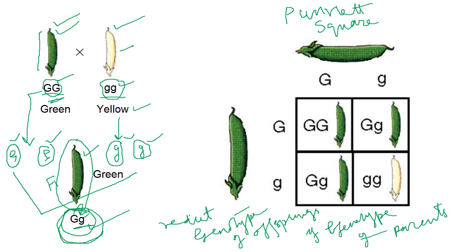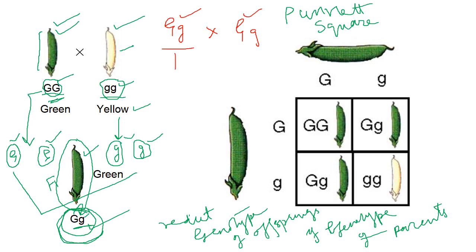Here, the F1 hybrid has the genotype capital G small g, and if I subject this plant to selfing, we will have two alleles. This is one parent and this is the other parent.